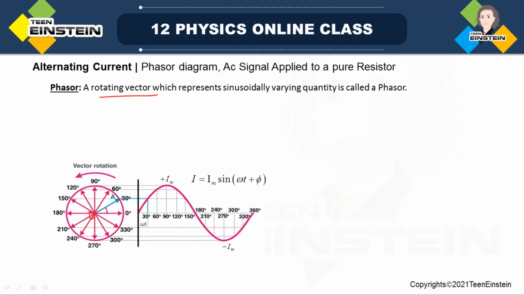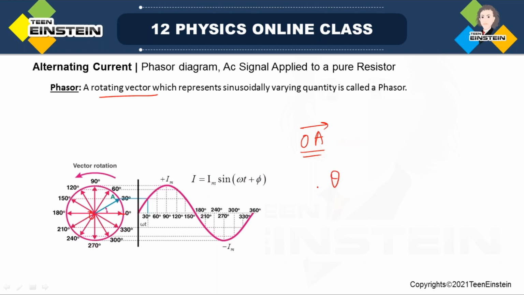Suppose this is O, the origin, and this is A. So I have a vector OA, and this rotating vector rotates in a circular path.